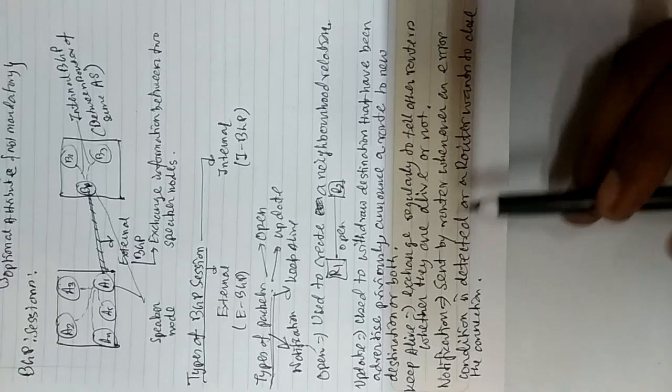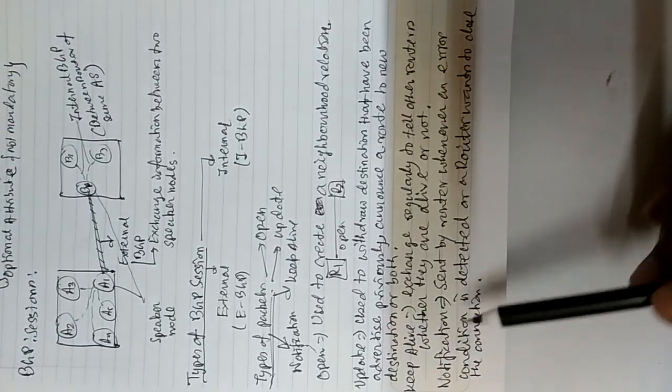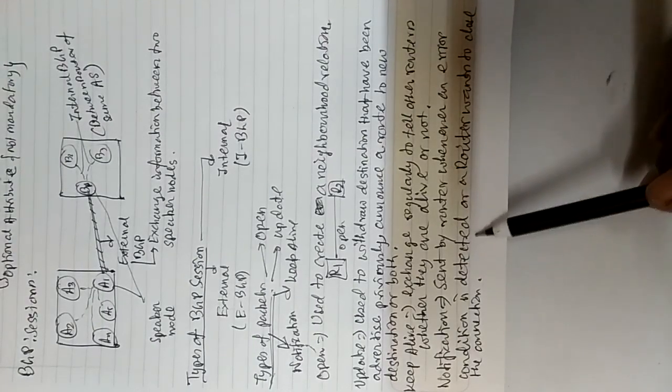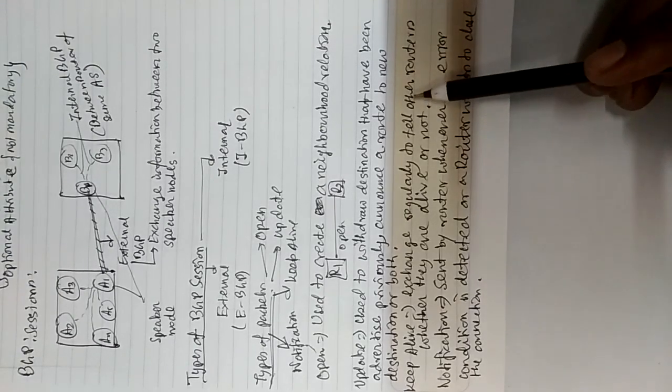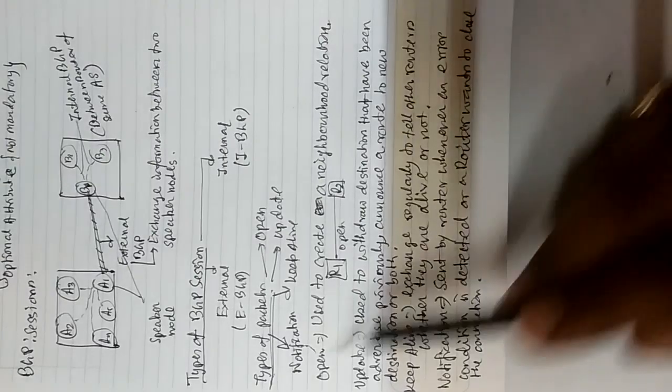So these are the 4 packets: open, update, keep alive, and notification. So what is notification? It is sent by the router whenever an error condition is detected or a router wants to close the connection. Okay, so these are the 4 types of packet.